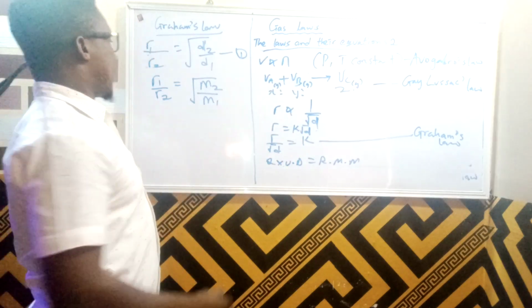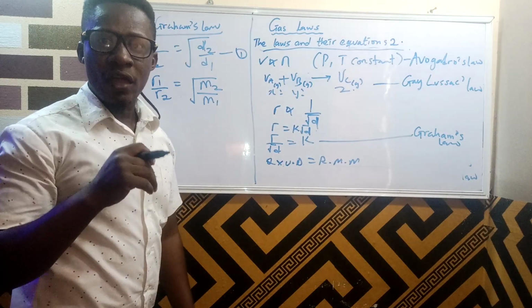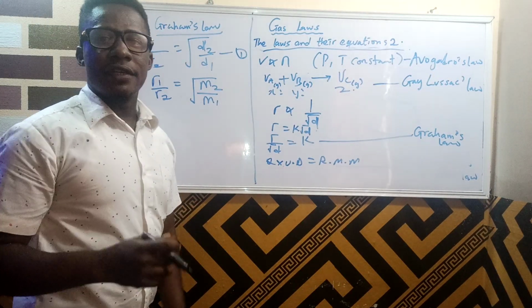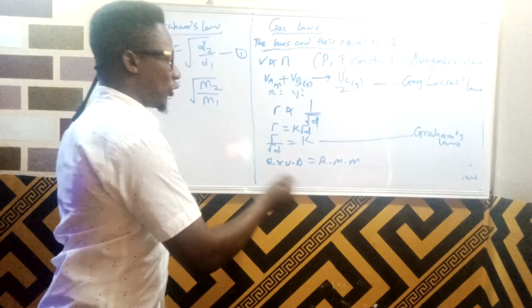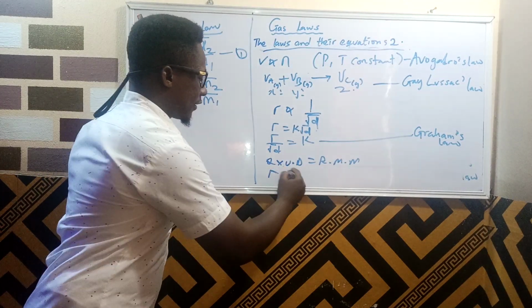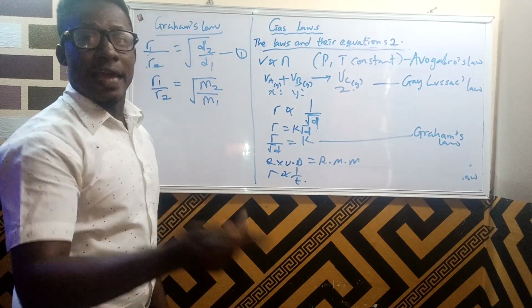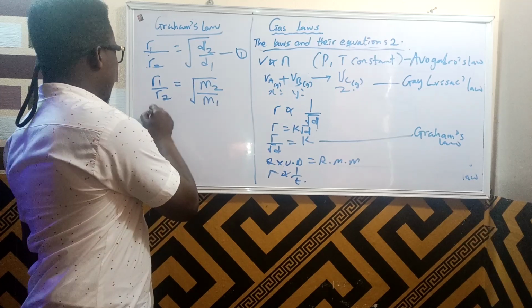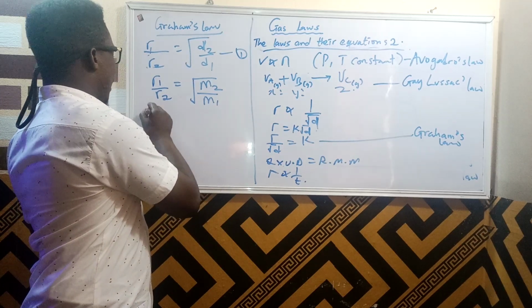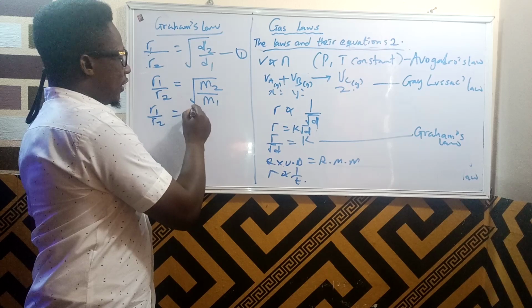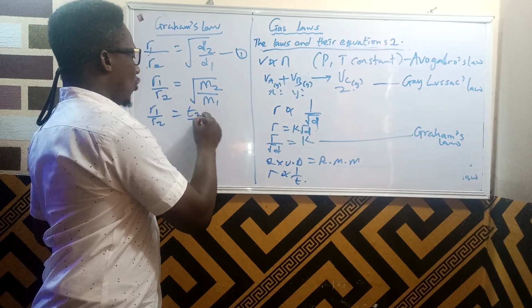Then we can proceed further by saying that since rate is inversely proportional to time, R1 over R2 is equal to T2 over T1.